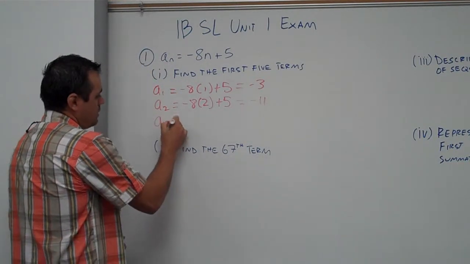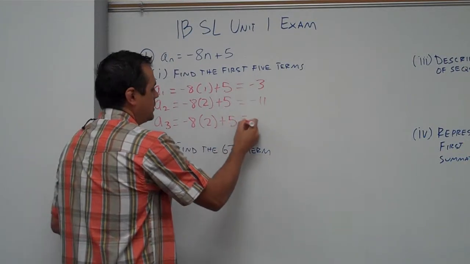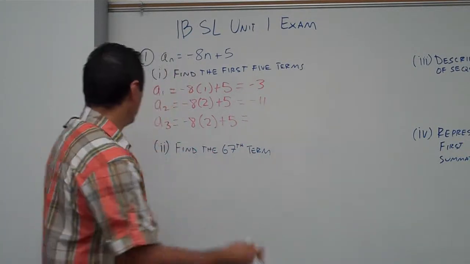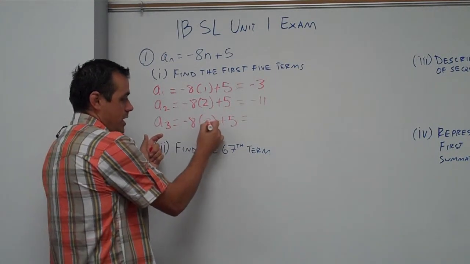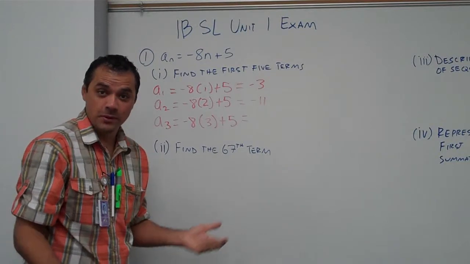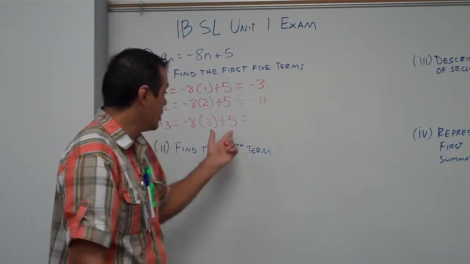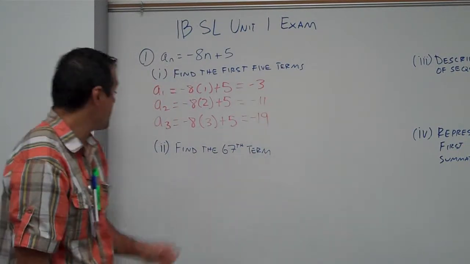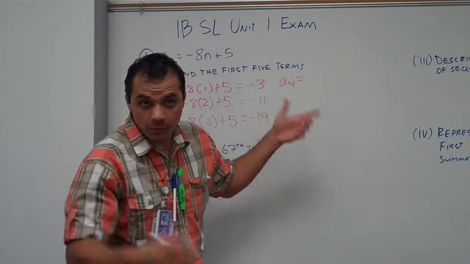Now, a sub 3, do the same thing. Negative 8 times 2 plus 5... oh, wait, sorry about that. It's not a 2, it's actually a 3 because we want the third term. My bad. So negative 8 times 3 is negative 24 plus 5 is negative 19. Now a sub 4: we plug in a 4.